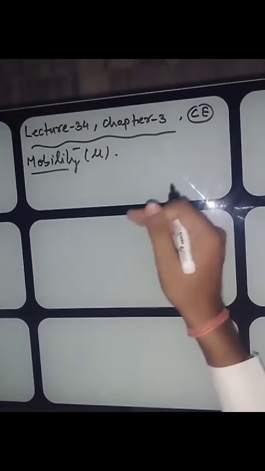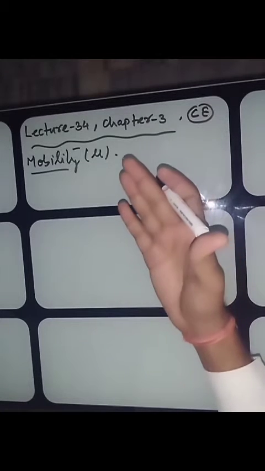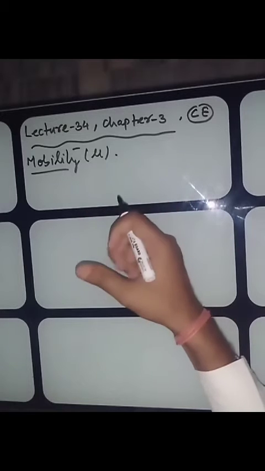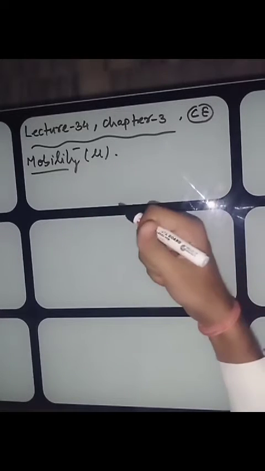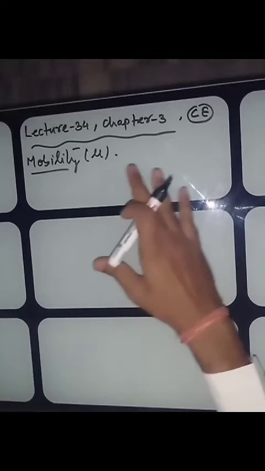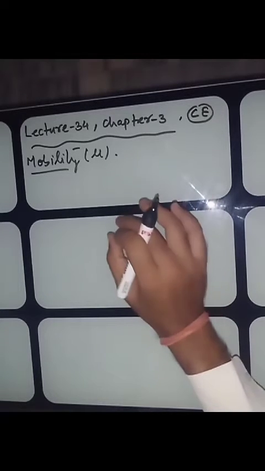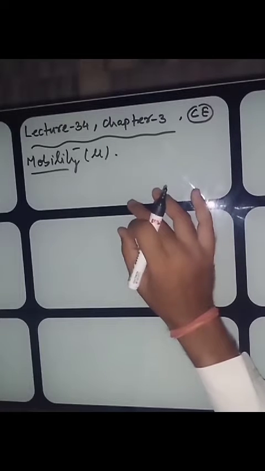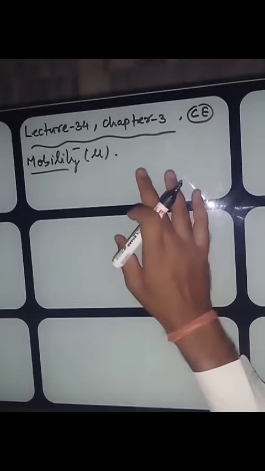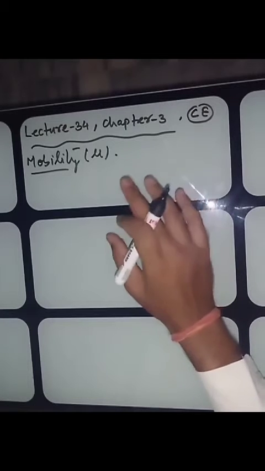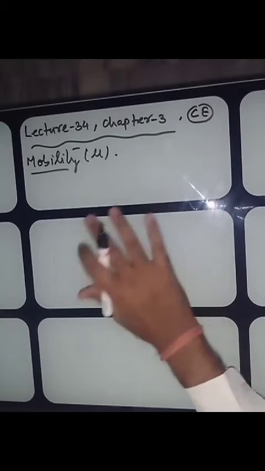As you increase the electric field, you will see that the charge particle, that is the electron, drifts with a higher speed, and that actually explains mobility. So the definition is: the capability of a charge carrier to drift itself per unit electric field is considered as mobility.